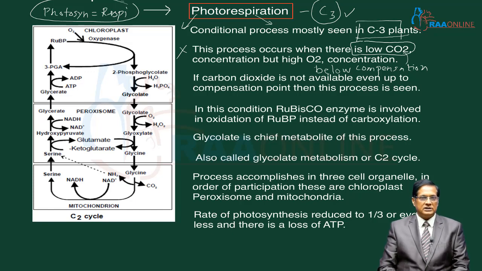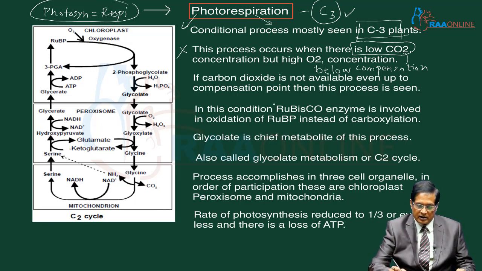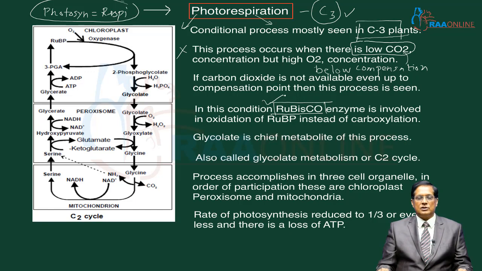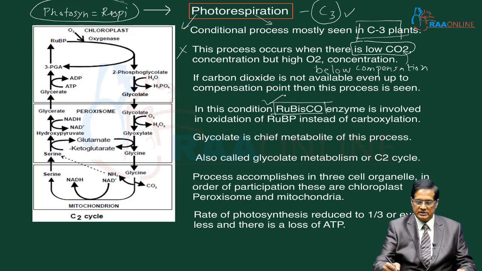If carbon dioxide is not there up to the compensation point, in that case atmosphere is already rich in oxygen, and green plants, that is C3 plants, have an enzyme, that is rubisco, ribulose bisphosphate carboxylase and oxygenase.